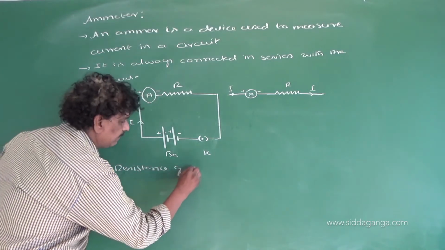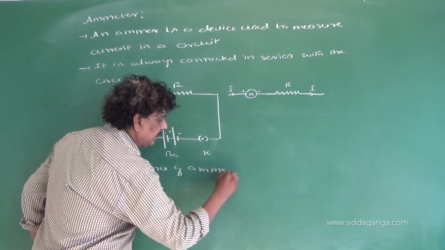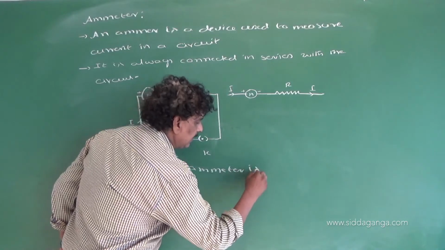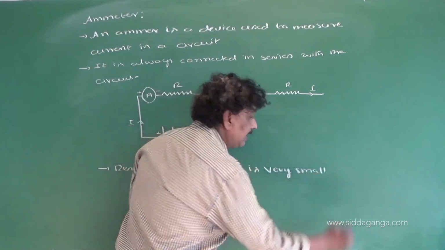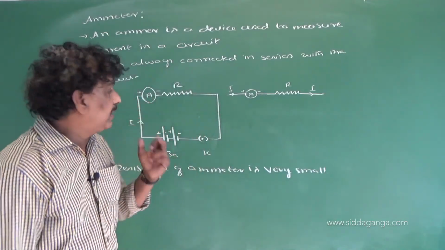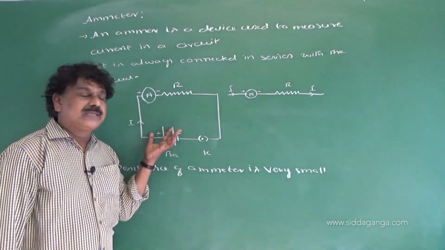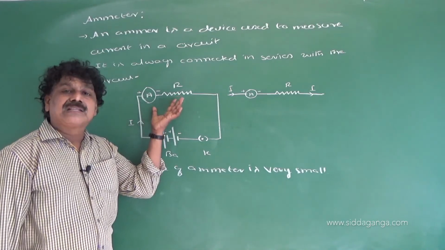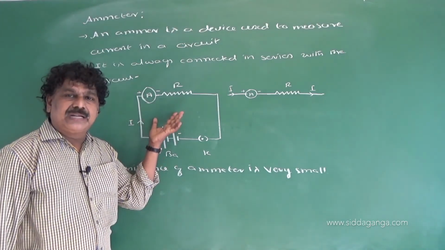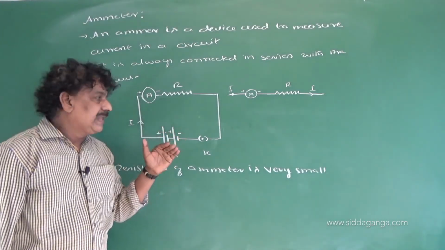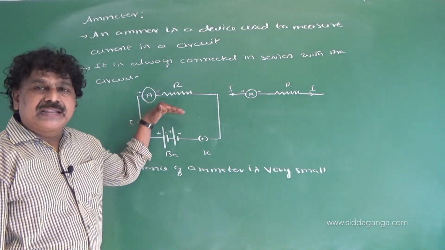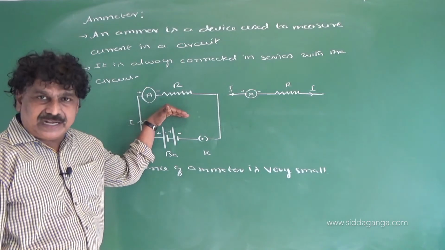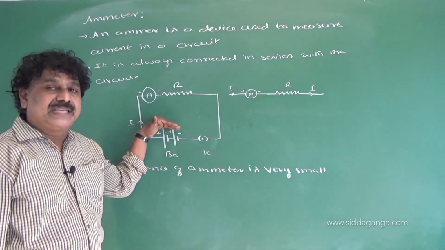And resistance of ammeter is very small. So resistance of the ammeter is very small, because if it has a larger resistance, as we know that V is equal to IR, if ammeter has larger resistance, it increases the resistance of the circuit, thereby decreasing the current.